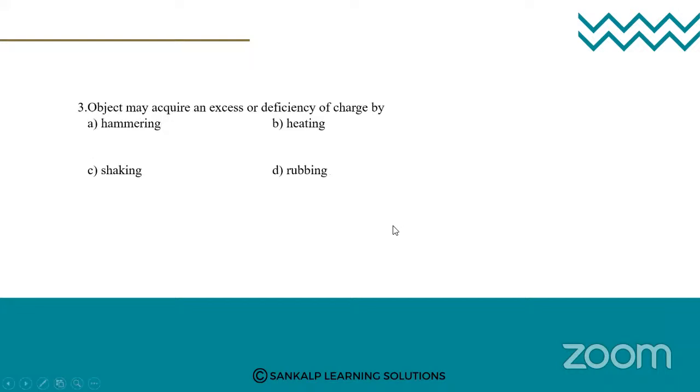Okay. See the third question. An object may acquire an excess or deficiency of charge by. Suppose you have an object, and you rub it with another body, or do the induction or conduction method. That object will acquire either more charges or fewer charges.